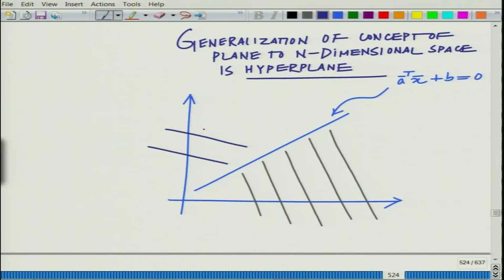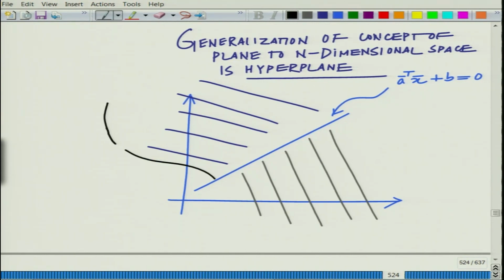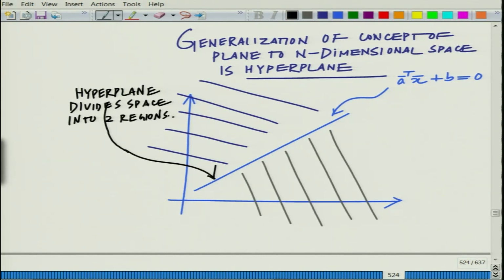Not just this hyperplane, any hyperplane divides space into two regions.